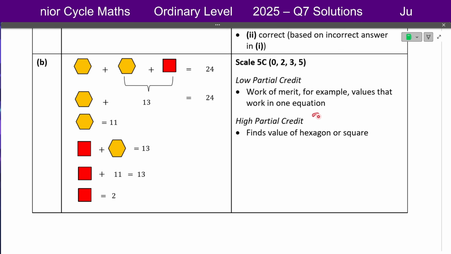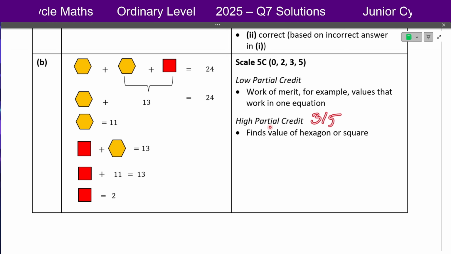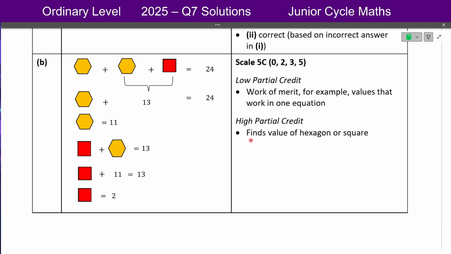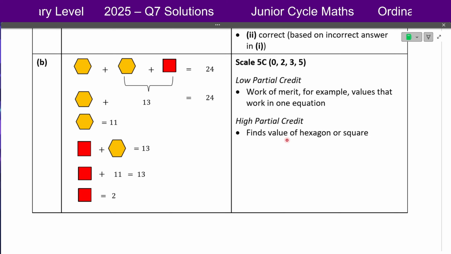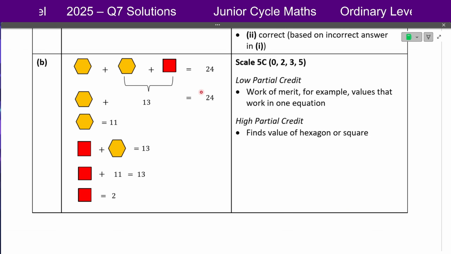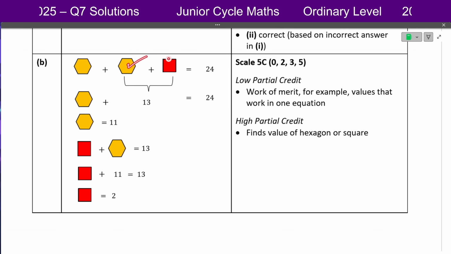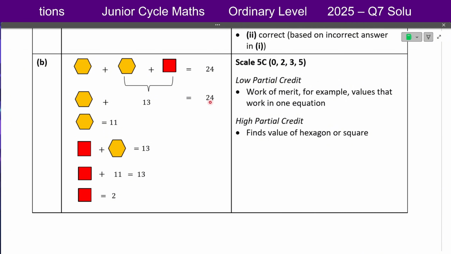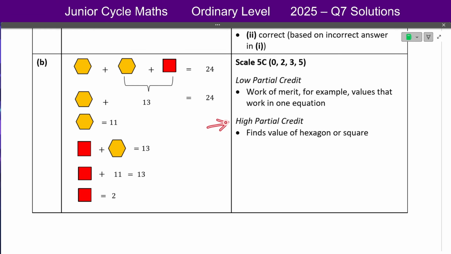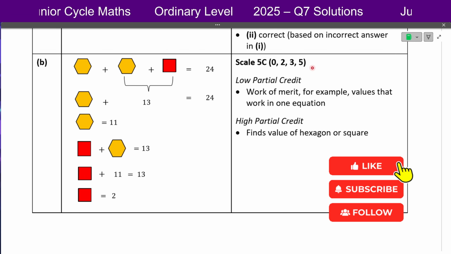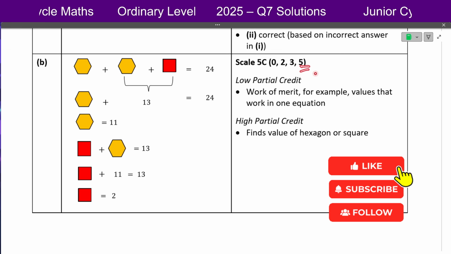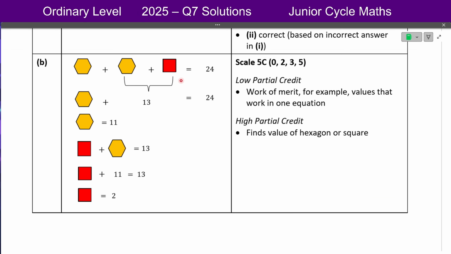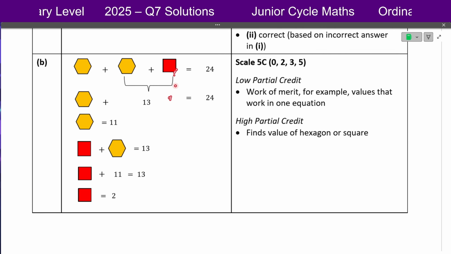And we may get 3 out of 5 in the case of high partial credit, for example, we find the correct value for one shape only, either for the hexagon or for the square. And basically 5 is the full mark when we give the correct answers for the 2 shapes.